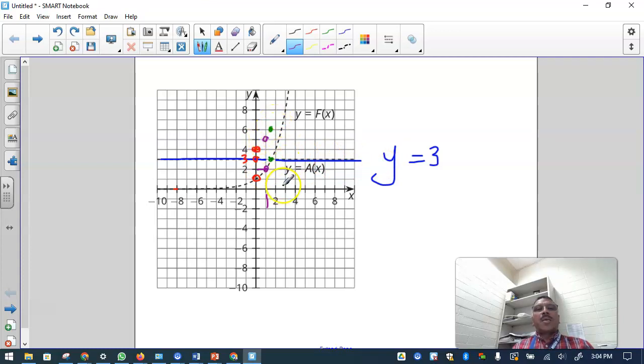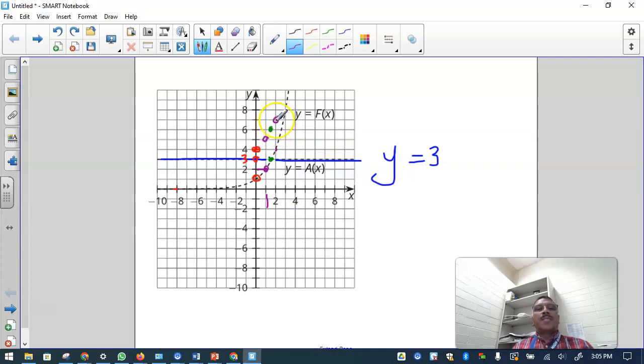This is how your points go. And at 2, the exponential function is 4, so 4 and 3 will give you 7, and all the way here this goes up.